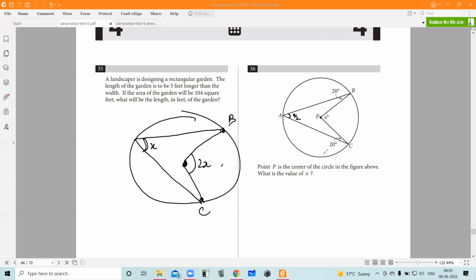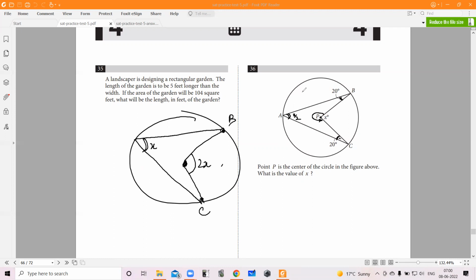And what is the sum of the angles of a quadrilateral? 360. Isn't any four-sided figure a quadrilateral? Yes. So can I say that A, B, B, C, A is a quadrilateral? Yes. So this is 20 here, this is 20 here, this is x over 2. How much is this fourth angle?